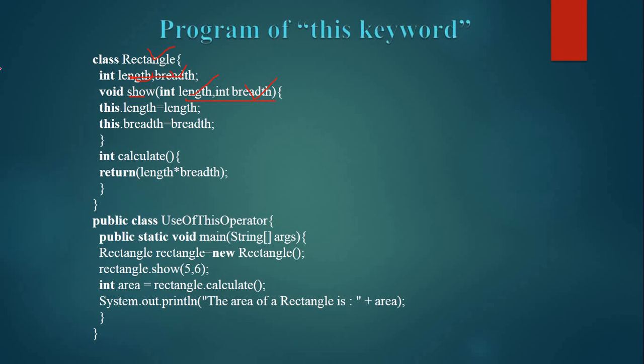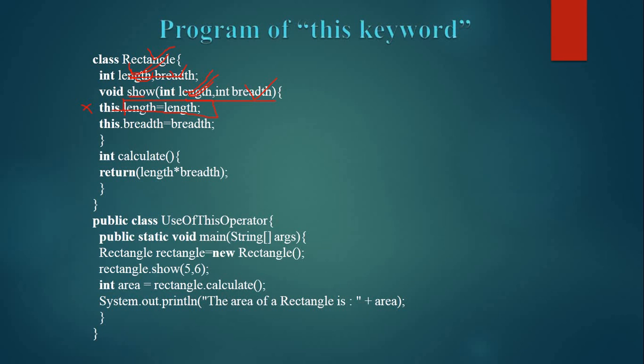So these variables are the same. If we write length equal to length here, there will be a conflict about which value will be assigned to the length. This length's value will be assigned to this length, or the other way around.